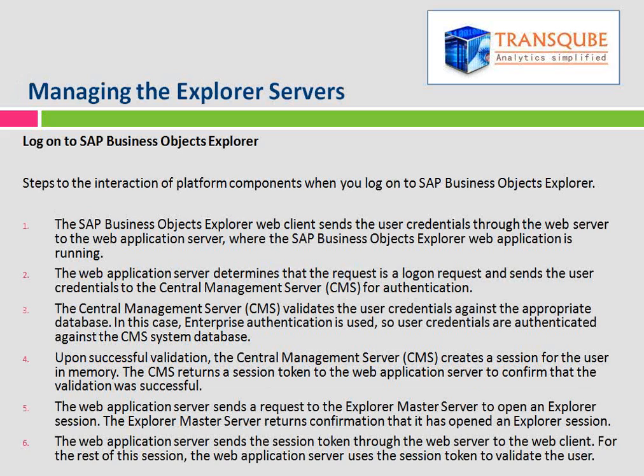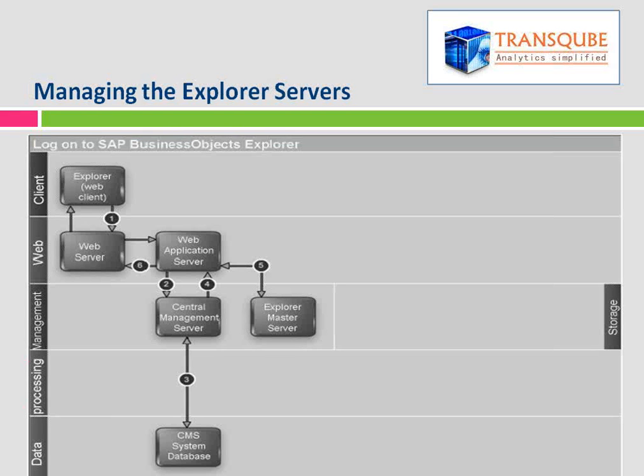Okay, how it goes. Steps to the interaction of platform components when we typically log into the BOE platform. Let's take a look at the chart here. This Explorer web client is part of your BI Launchpad. Depending on your authentication, it will come in. Once you log in, the web application server communicates back to this, and eventually CMS communicates to the database system to authenticate or validate the authentication of this end user.